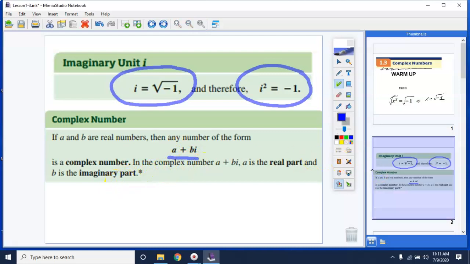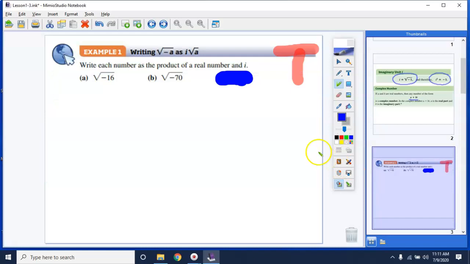And I would like to jump to my first example. First of all, we're going to write these as complex numbers. As you've seen, this is the square root of a negative number, so this is not a real number. That's why we should write it as a complex number. I can write this like this, right? 16 times -1.